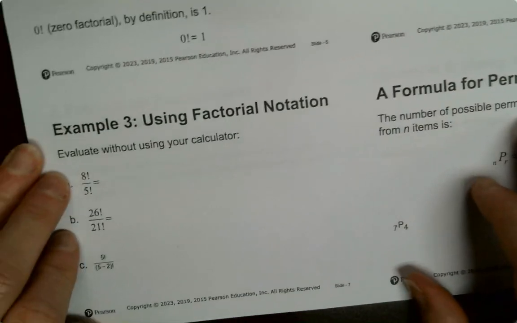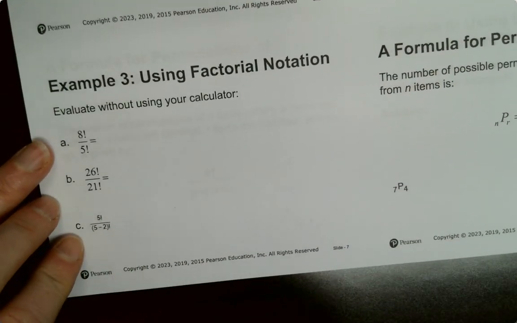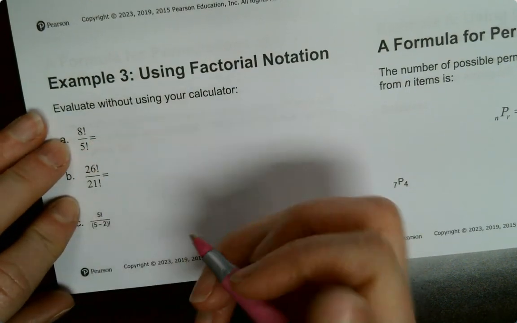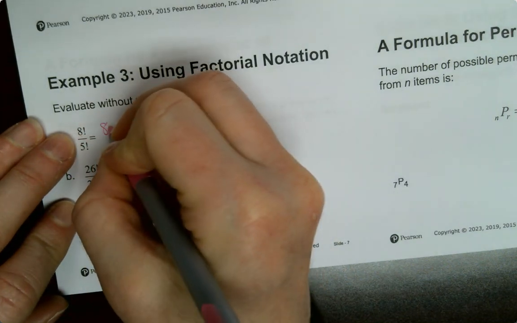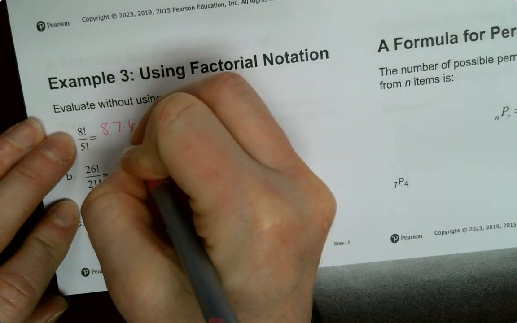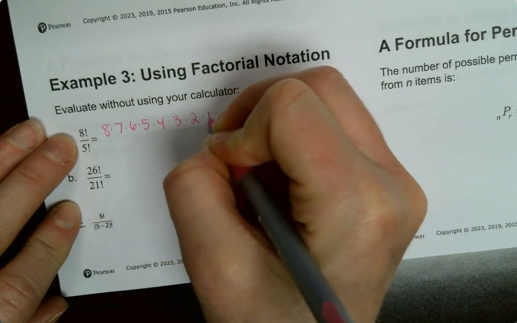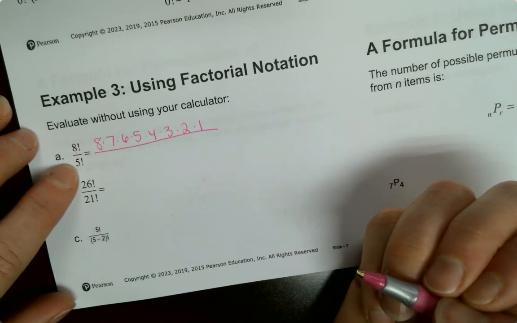All right, let's look at how we can simplify fractions that have factorials in them. Instead of putting this in the calculator, I'm going to show you without. What 8 factorial means is 8 times 7 times 6 times 5 times 4 times 3 times 2 times 1. What 5 factorial means is 5 times 4 and so on.